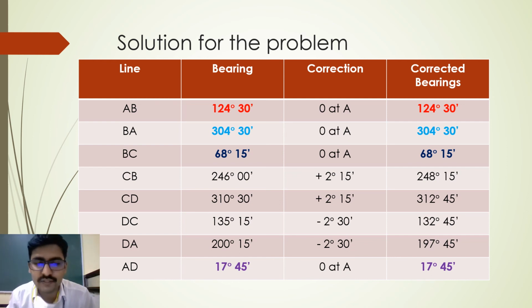So just look at the problem and try to have the tables drawn. So solution may start from any point. So it may start from the bottom of the table and it may go up to the top. So wherever you have the known value, corrected value, from there you need to proceed and you need to go on finding the correct bearing, then correction, then from the correction corrected bearing, then from the corrected bearing correction.